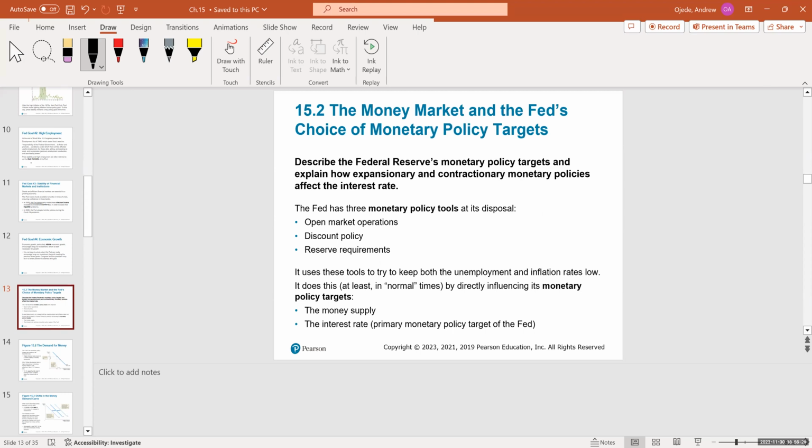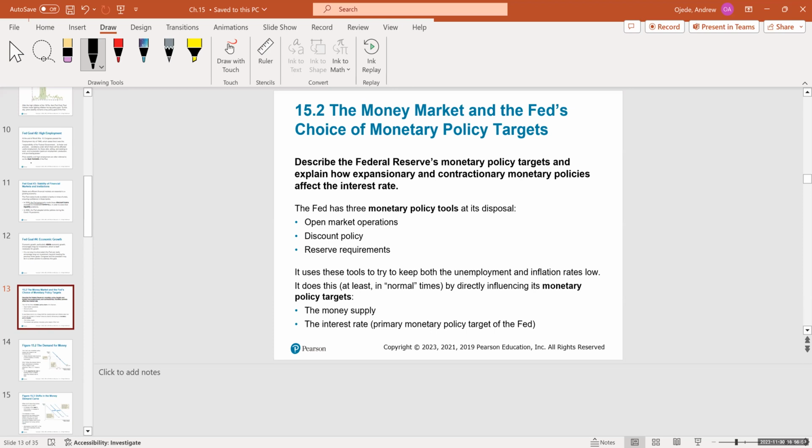One, the most important tool that the Fed uses most of the time, is open market operations, which is buying and selling of treasury bonds. Discount policy, which is lending money to banks. Reserve requirements, which is setting the reserve requirement ratio, a fraction of customers' deposits that banks should not loan out. They should deposit them at the Federal Reserve.